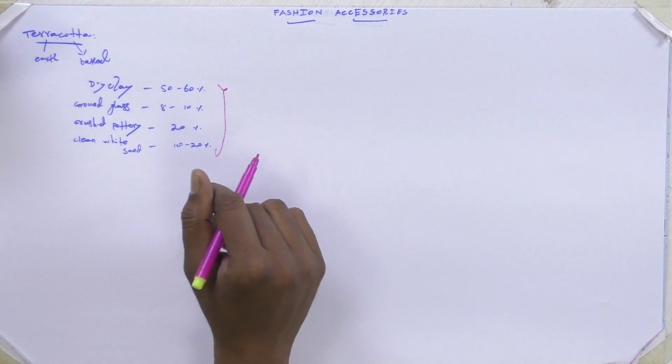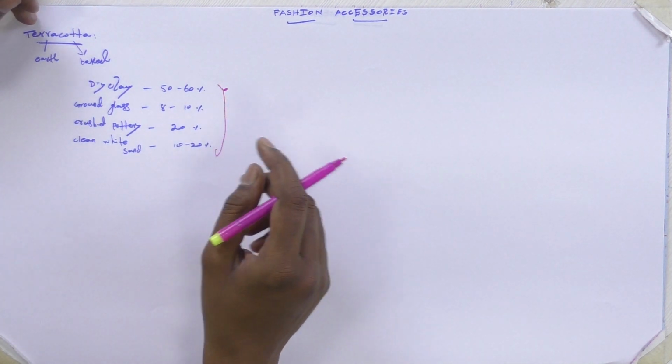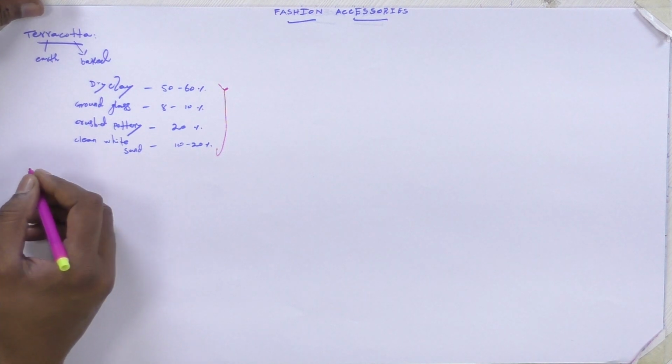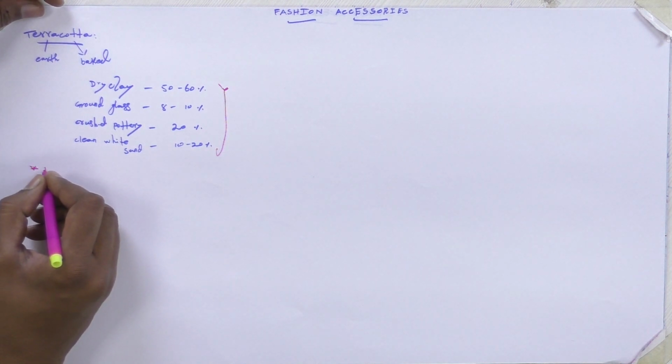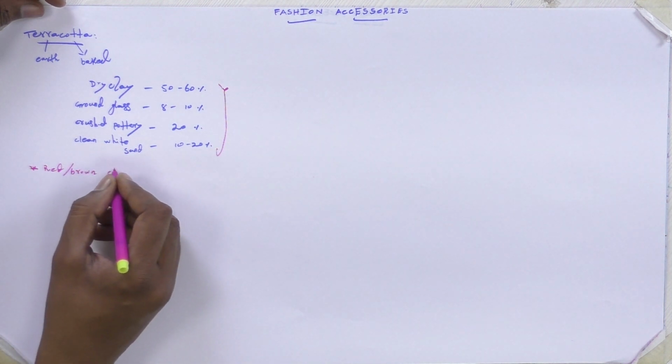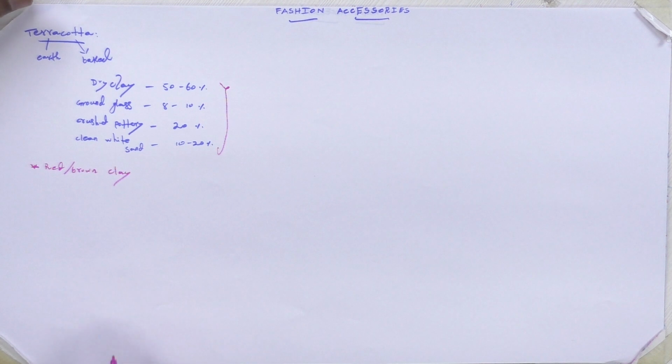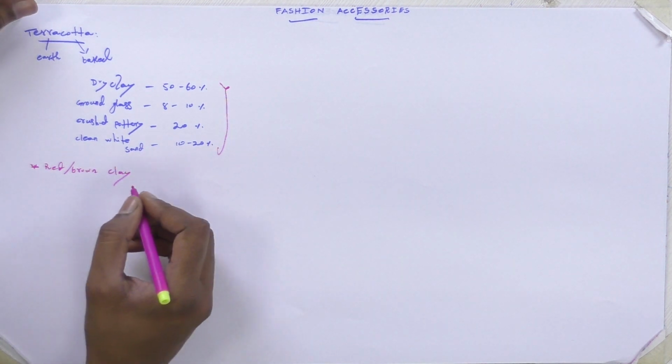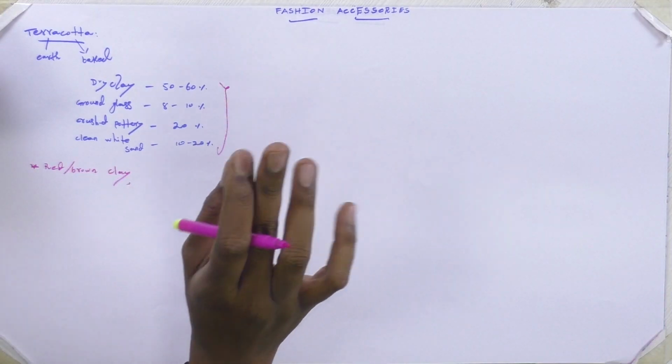So what are the properties? We already know terracotta is a red, brown or red-brown clay material. In the wet condition it has a bad odor, but after baking it gets a very good color and good odor.